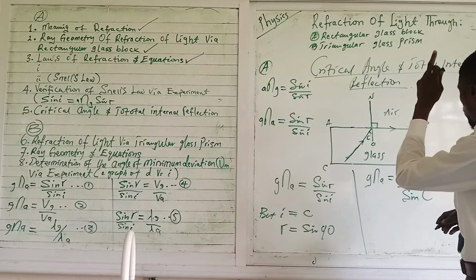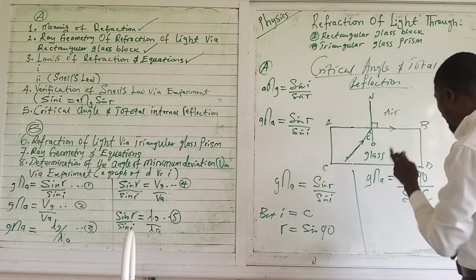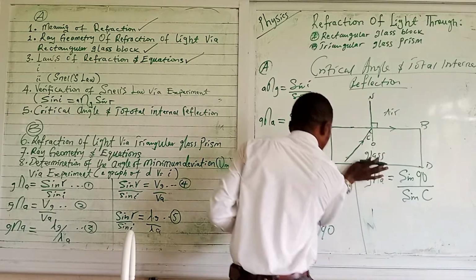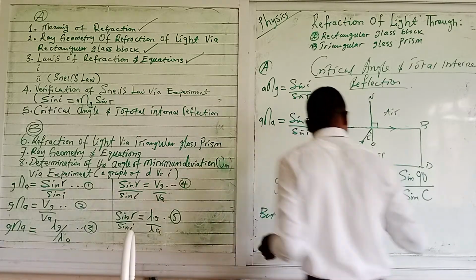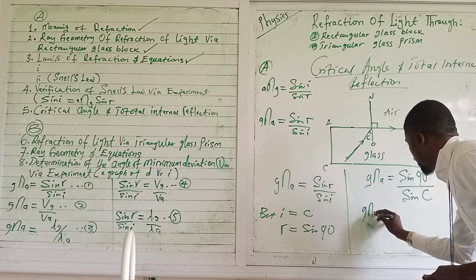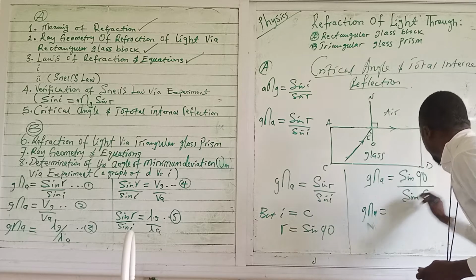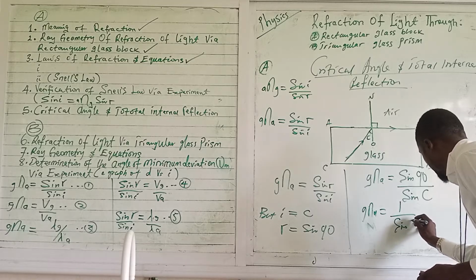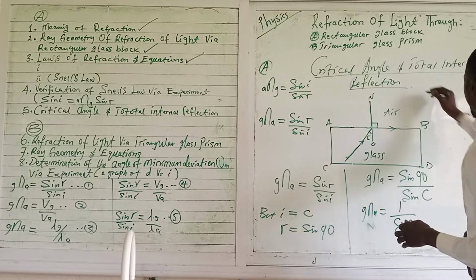Sine 90 will give you 1. So we say that gna is equal to 1 over sine c.